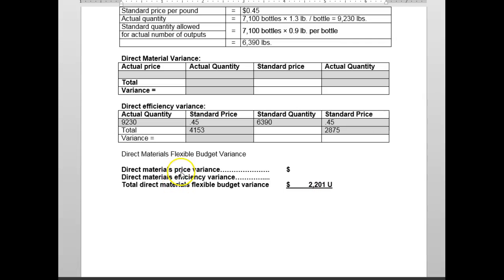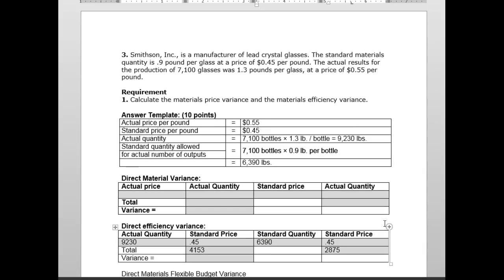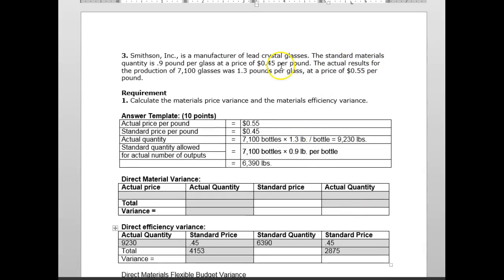But you'll know the difference between the price variance and the efficiency variance on how much material you've used. So that's what you're looking at here, materials. And this is the material price variance, which is this one right here. And I should have put that on your copy.